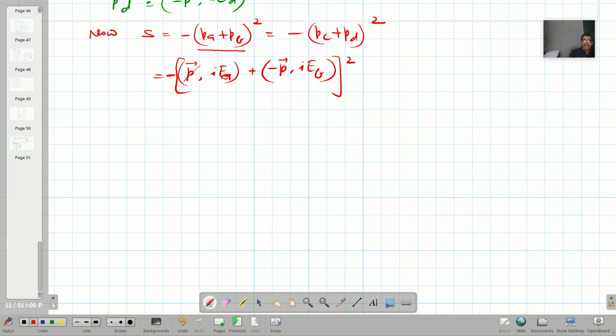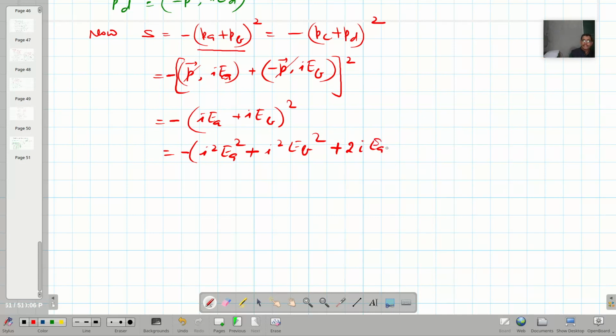with a negative sign, and this P will cancel out, so it will remain with iota EA plus iota EB, its whole square with negative sign. It is minus iota square EA square plus iota square EB square plus 2 iota EA into iota EB, right?